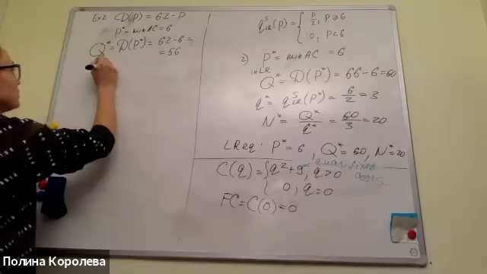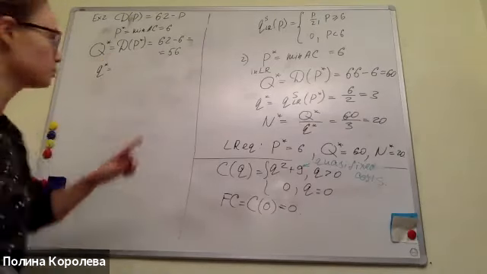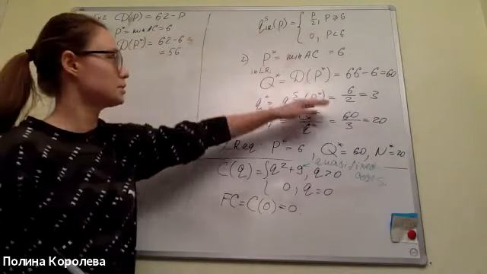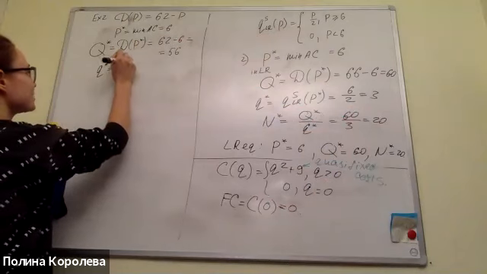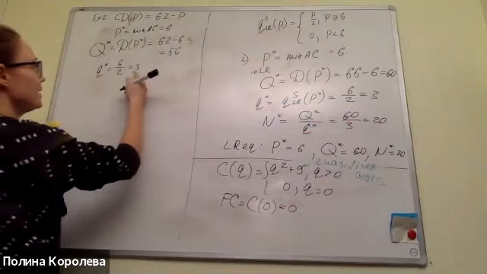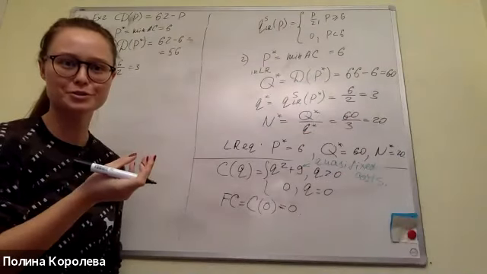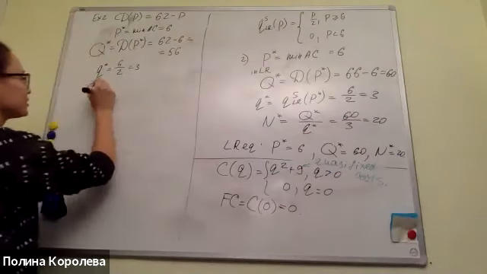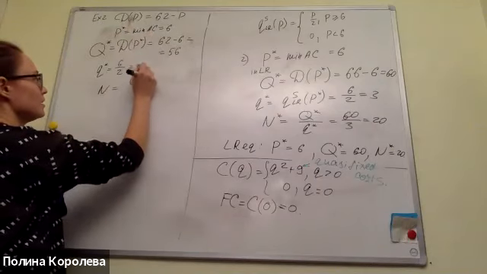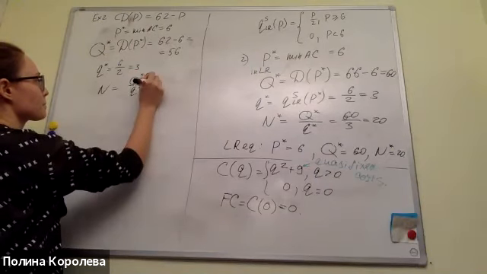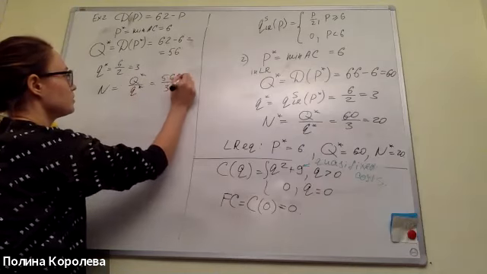And then the quantity that each firm will produce: put this price into the individual supply, 6 over 2, it is 3. And when you divide 56 over 3, you will have a non-integer number of firms. So the number of firms, if you count like this, will be 56 over 3.